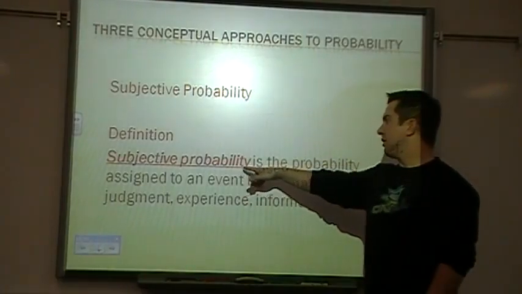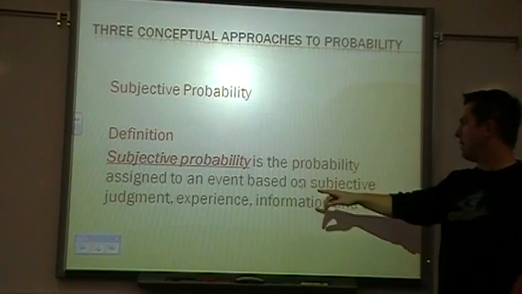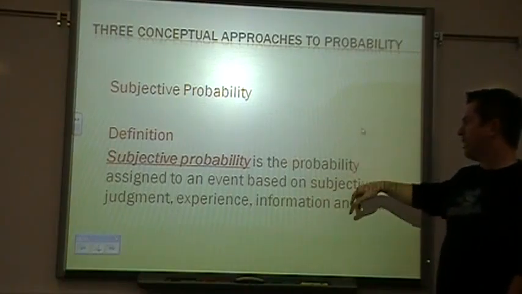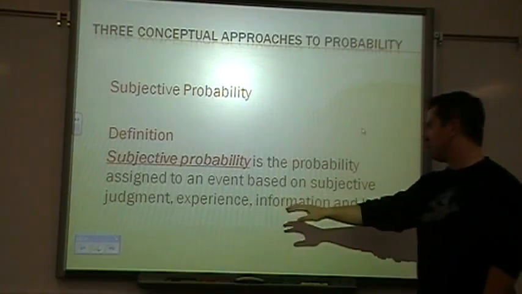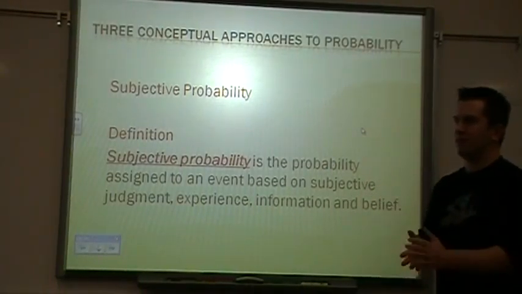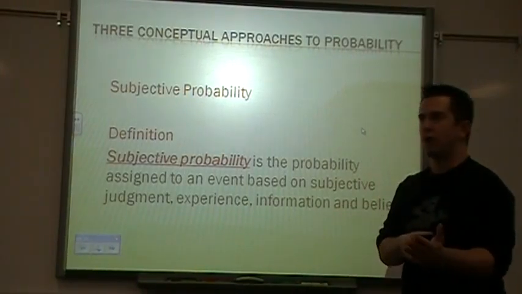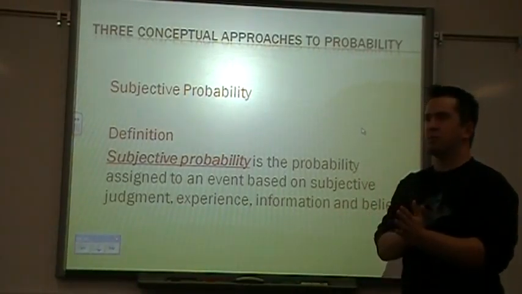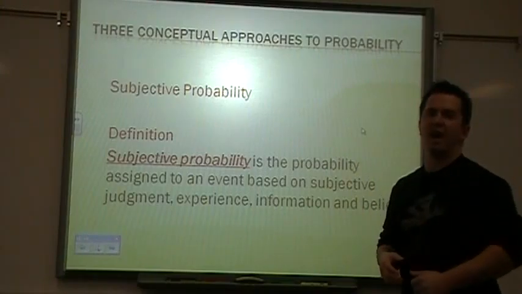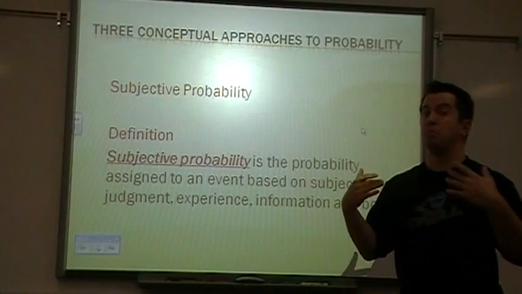The definition of subjective probability is a probability assigned to an event based on subjective judgment, experience, information, and belief. Okay? You don't use this a lot in probability, but my experience is 5 out of 10 people drive black cars.